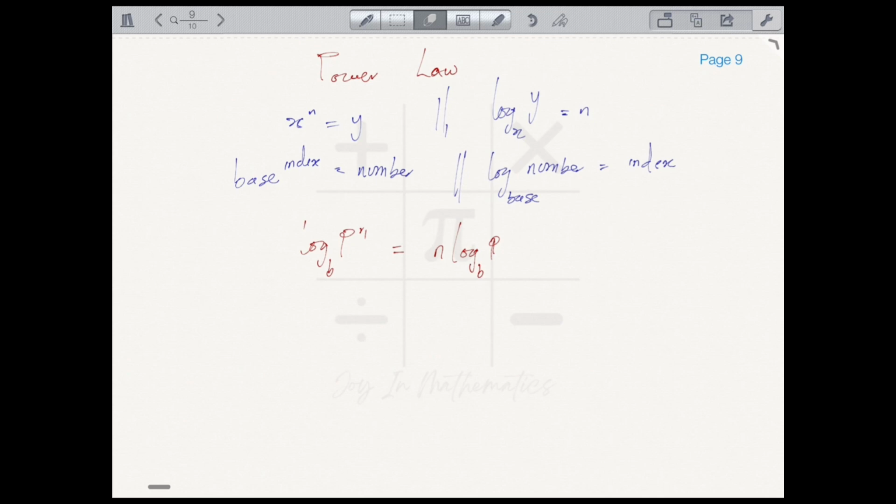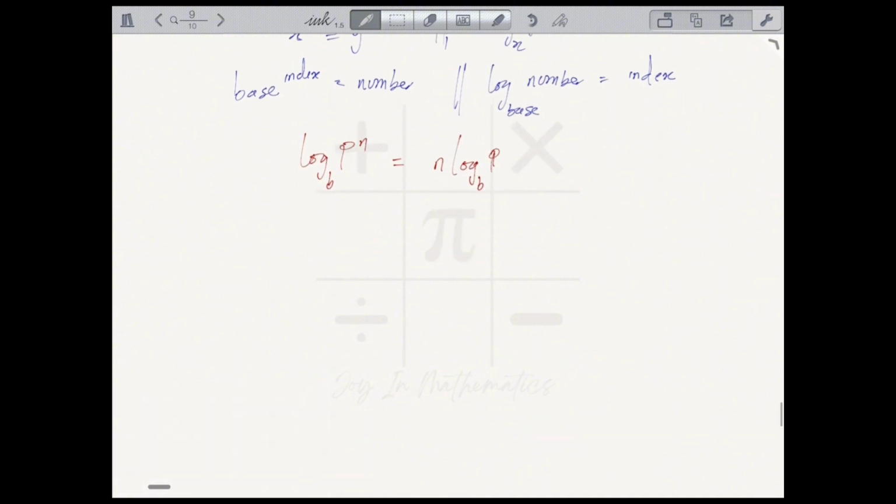With that done, let's proceed and show how it is derived. From inception, we have been saying that p is equal to b raised to the power x, and when we convert this to logarithm form, we have log of p to base b is equal to x.